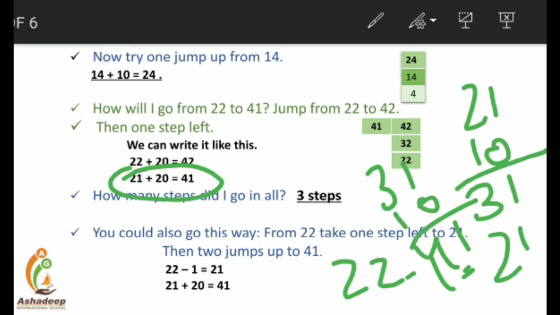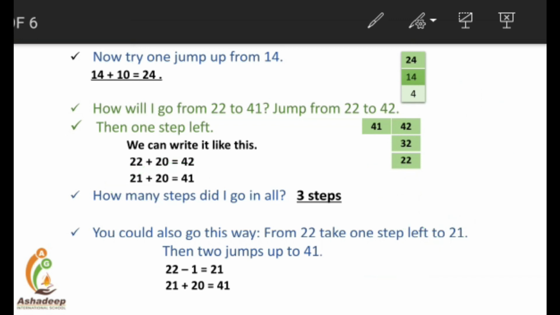So the final answer is 41. I hope all of you are clear about this type of shortcut questions and shortcut additions.